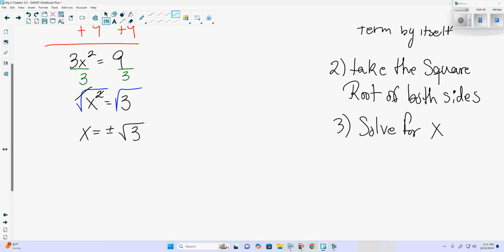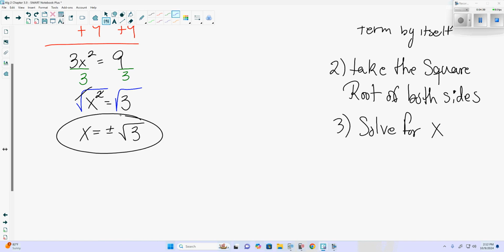Solve for x. We want to solve for the variable. Is x by itself? Yes. So that's it. If x is not by itself at this point, we do need to solve for it. But here, x is by itself, so we are done.